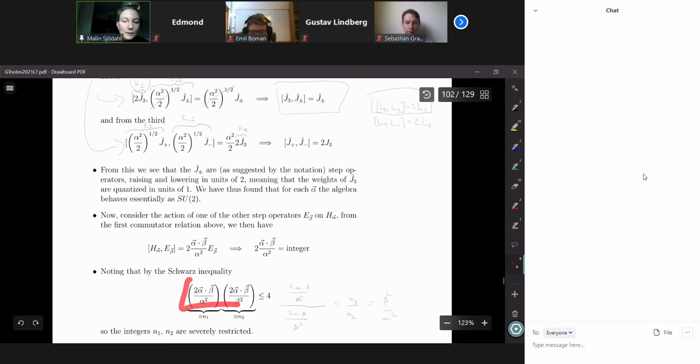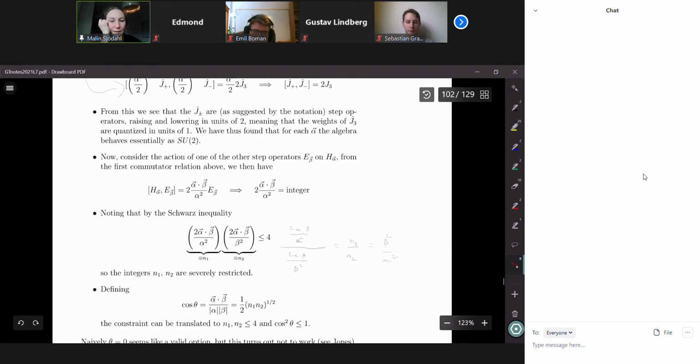Now if I look at this, I see that I have a factor of 2 times 2, that is 4, but otherwise this is nothing but the scalar product of alpha dot beta squared over alpha squared beta squared. So this is essentially a measure of the angle between alpha and beta.